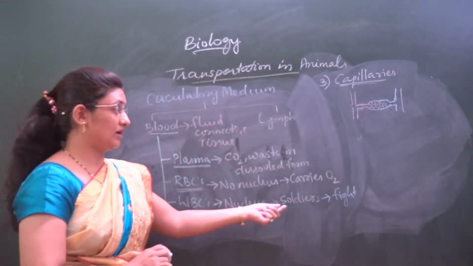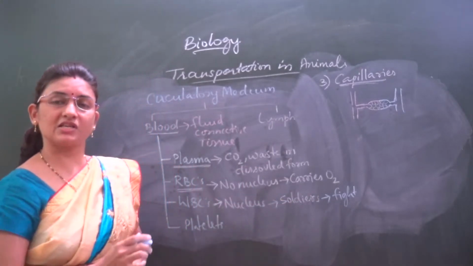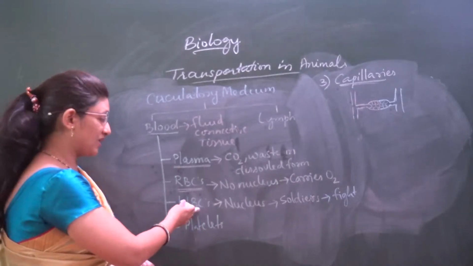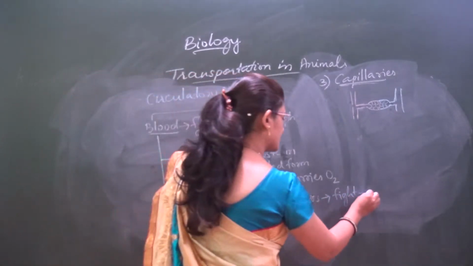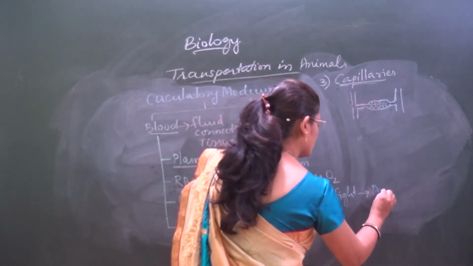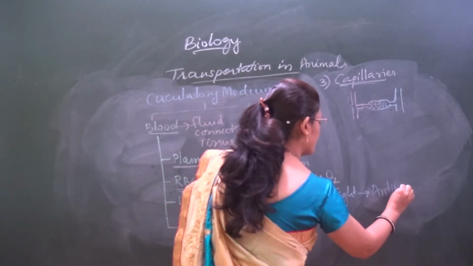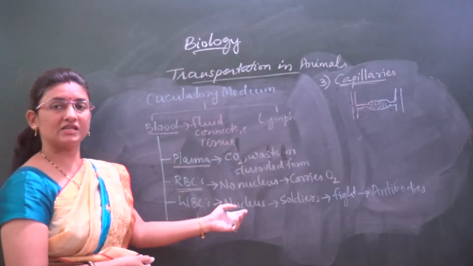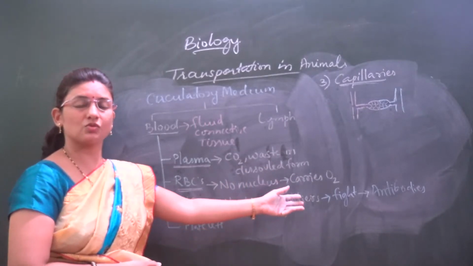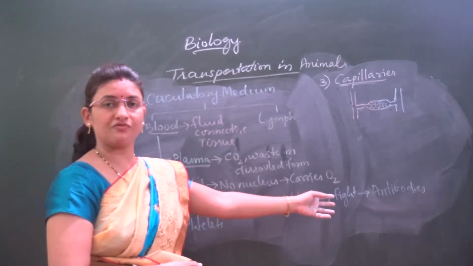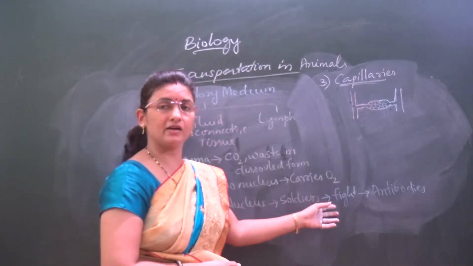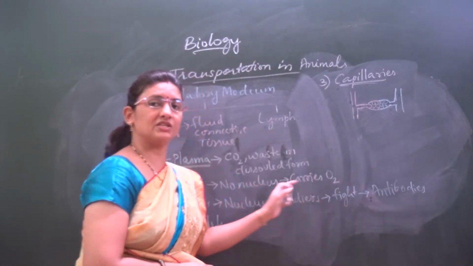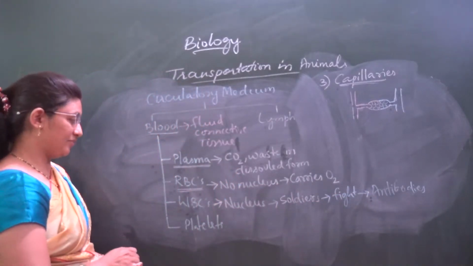When they are helpful in fighting against the infection, that means they should consist of the antibodies, and those antibodies are manufactured by these white blood cells. So we can mention that white blood cells consist of the nucleus. They are called the soldiers of the body because they help to fight against the infection, and they can fight against the infection because of the manufacturing of the antibodies by the white blood cells.